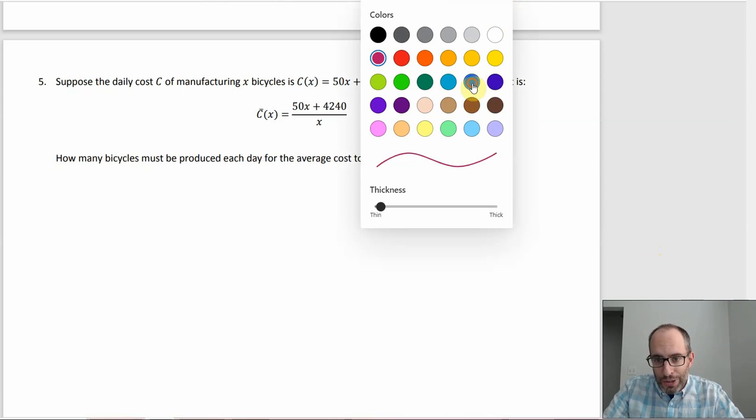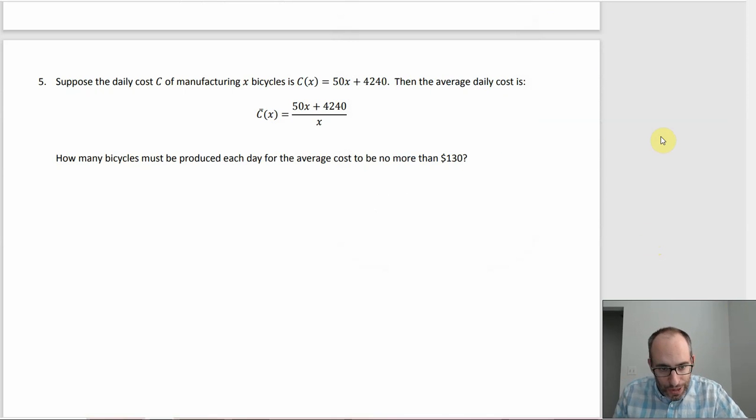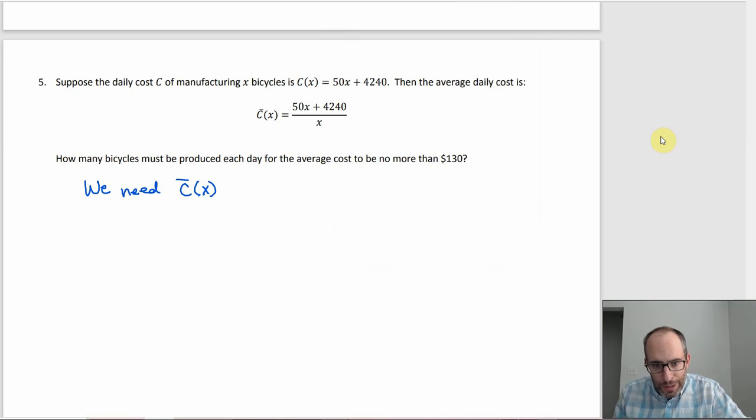So for the average cost being no more than 130, that means that we need C bar of x to be less than or equal to 130, right? That's what no more than would translate to. It can't be bigger. It's okay if it's equal. It's okay if it's smaller. So less than or equal to is what we're aiming for here.